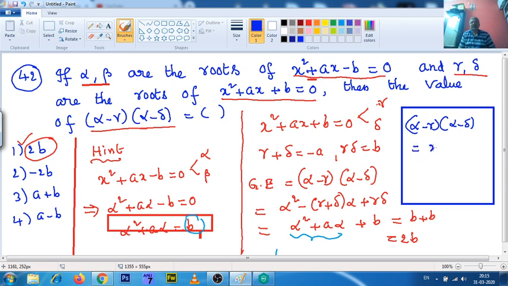So, that means x square plus ax plus b minus x square plus ax minus b. So, here you see x square cancel, ax cancel, b plus b to b, that is all answer. So, very simple. So, this is the shortcut for this one.